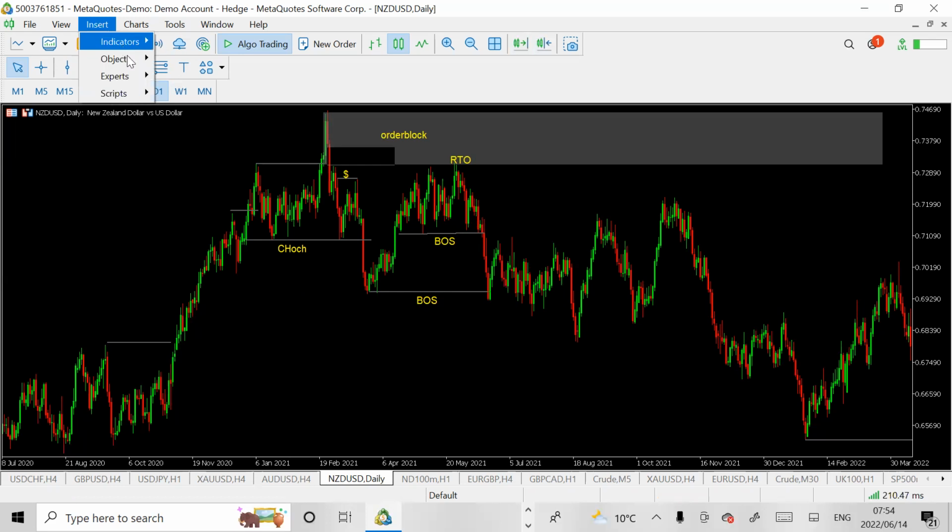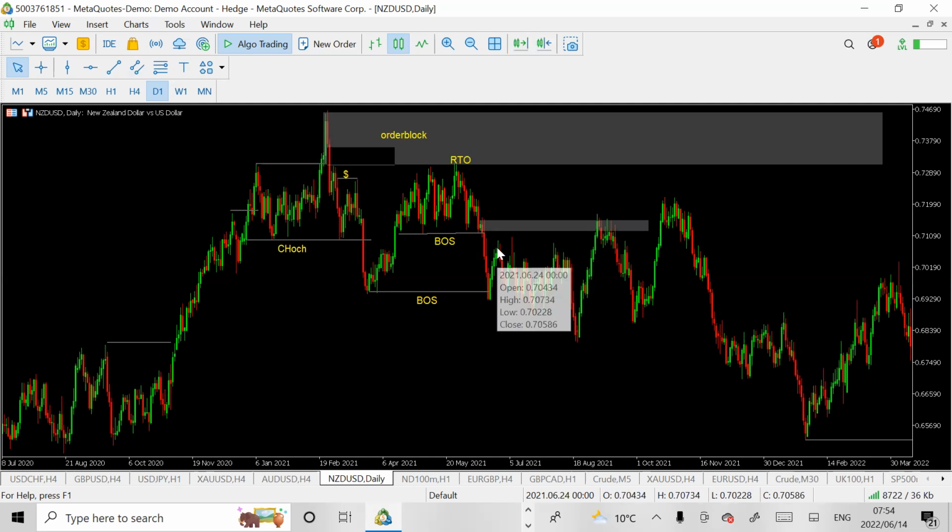So you always have to take note of that. The last candle before the break of structure, right? Yes. You saw that price attempted to make a RTO, but it never did. It kept on consolidating, and then continued to make another break of structure.